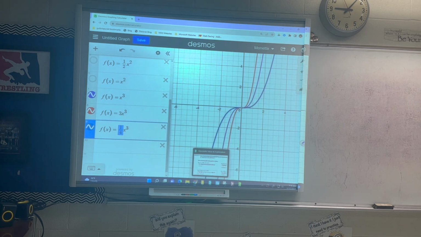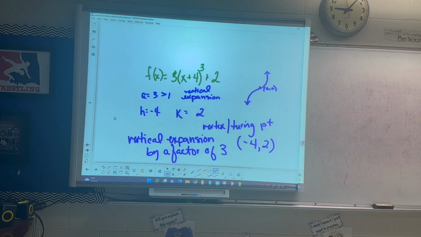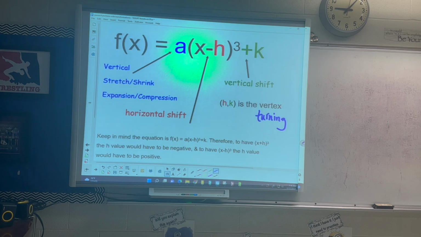So let's go back to here. All right. One thing I need to bring to your attention. Notice on my cubic function, I can find the vertex or turning point, but I don't see where it says anything about the axis of symmetry going down the middle.